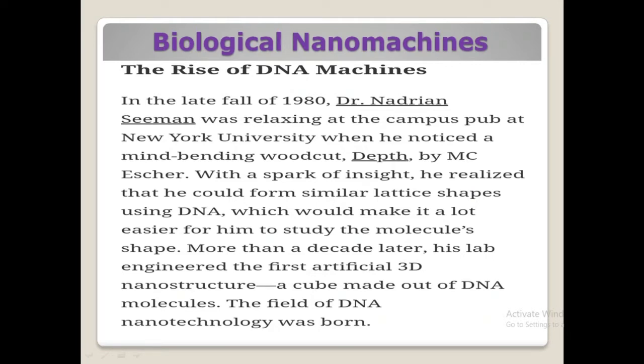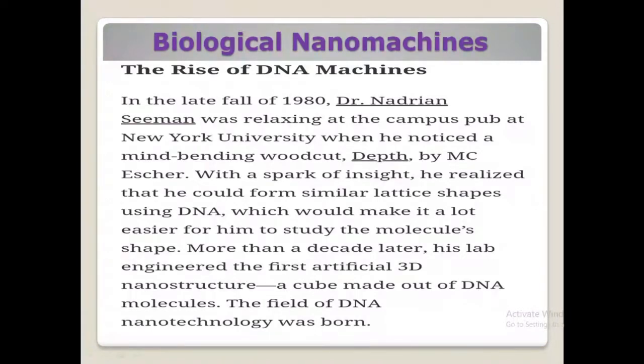So, the rise of DNA machines. How did we get DNA machines as nanomachines? In the late 1980s, Dr. Nadrian Seaman was relaxing at the campus pub at New York University when he noticed a mind-bending woodcut by M.C. Escher.